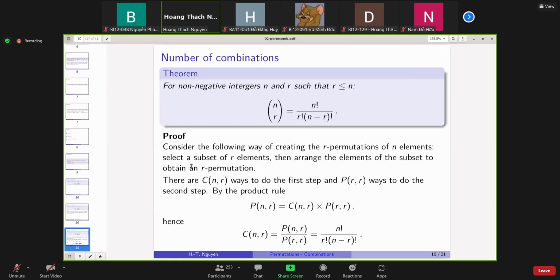Of course, whatever way you use to count, you should obtain the same result. So in order to prove an identity, you can count some objects in two ways. Each way will give you an expression, and the results should be the same. So you get an identity here.